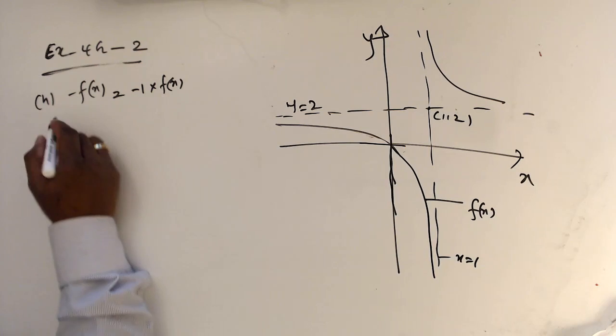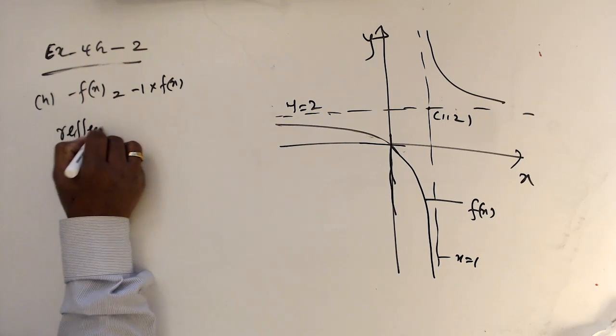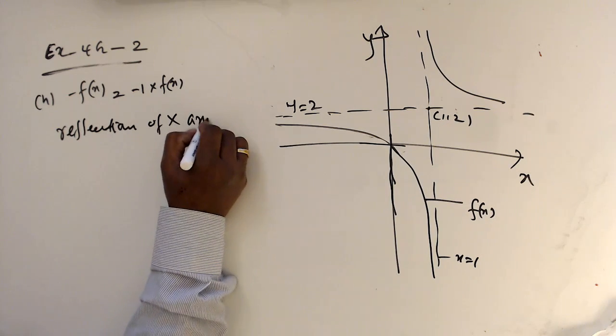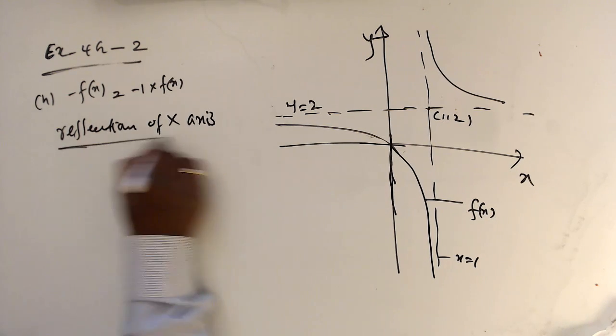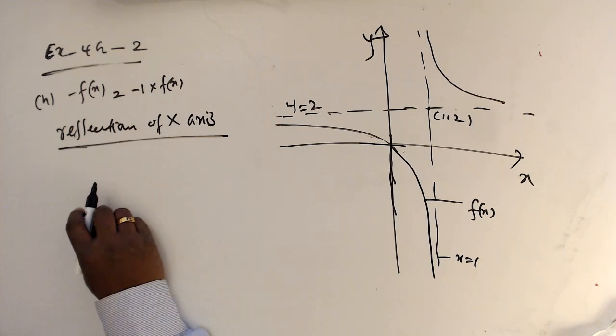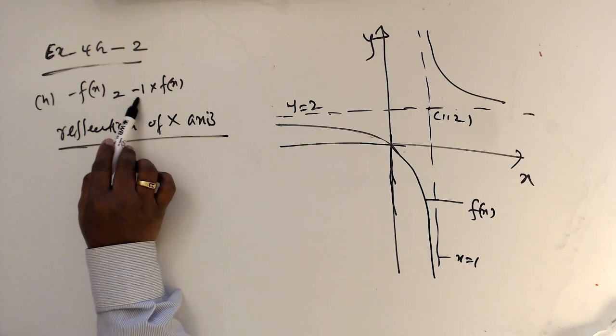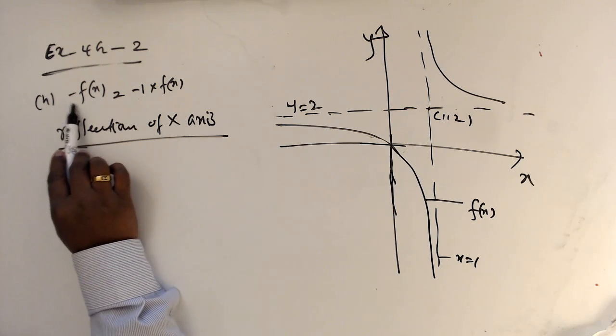Also we know that this is a reflection in the x-axis. First of all, we deal with the asymptotes. So we know that this will only affect y values.